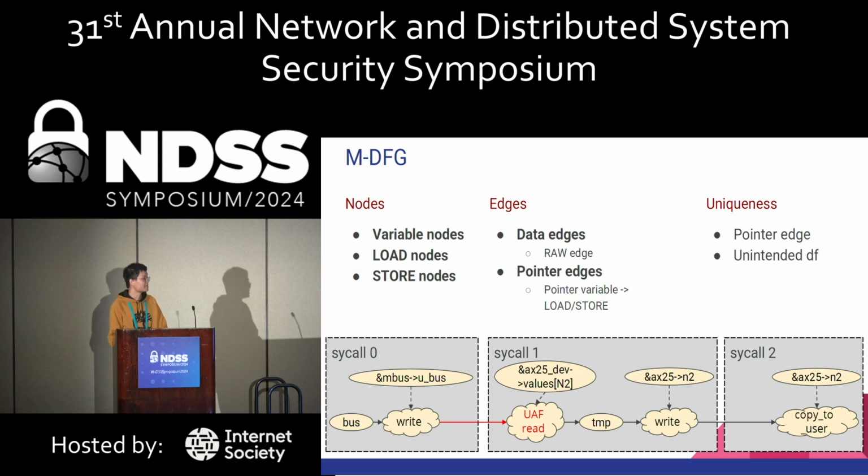Therefore, we can reason about the behaviors when a pointer is corrupted. And for unintended data flow, you can see in this figure the red edge. We add this data flow that shouldn't exist if the memory error didn't occur.